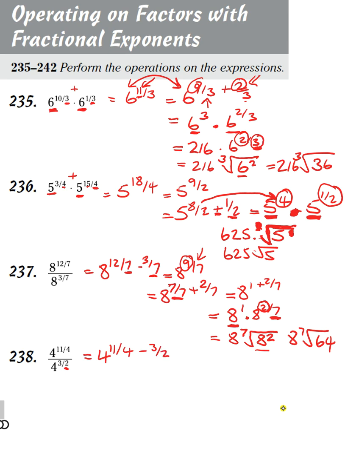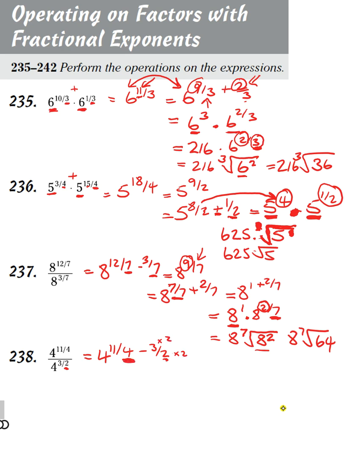So we need the same denominator, right? We've got 2 here and 4 here. We can't have that. But all we have to do is multiply both of these by 2.